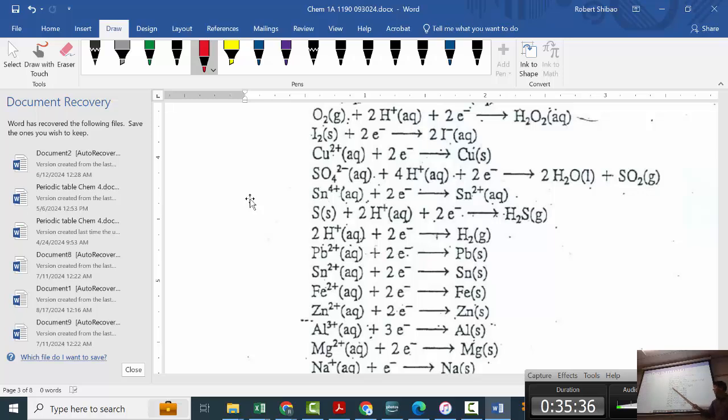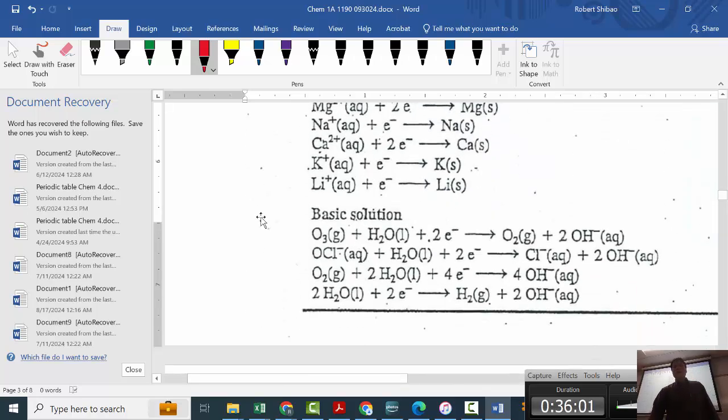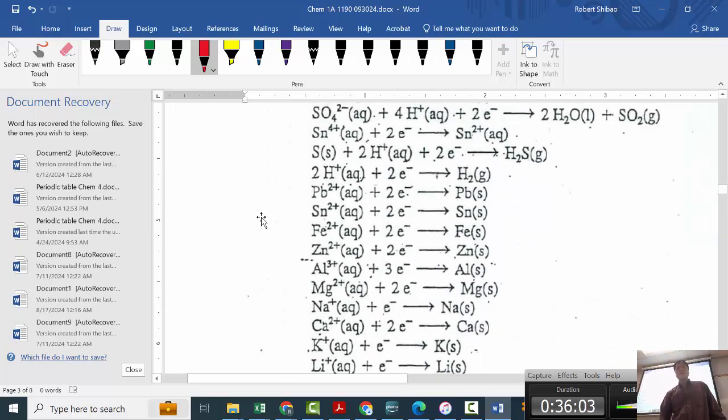Sulfur goes to -2 in hydrogen sulfide by gaining 2 electrons. H+, acid, is a pretty good oxidizer. Acid is like a mid-range oxidizer. Lead 2, tin 2, iron 2, zinc 2, all these metal cations can be reduced to the metal by oxidizing something, taking electrons. The worst oxidizer on this chart is lithium ion.